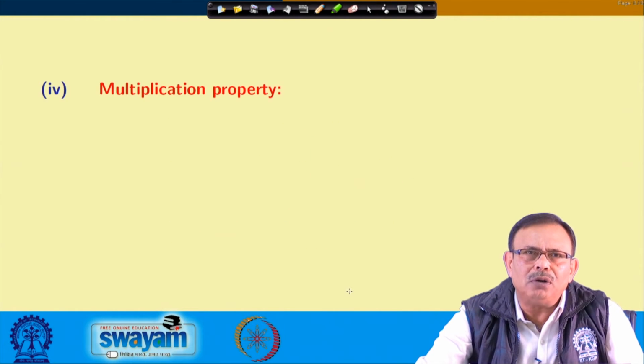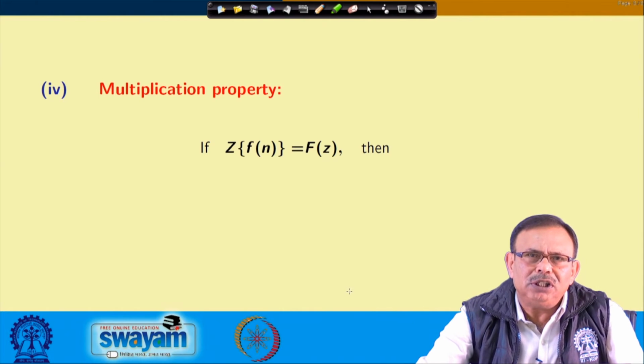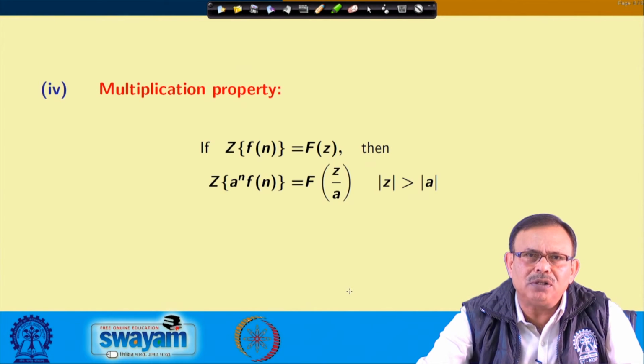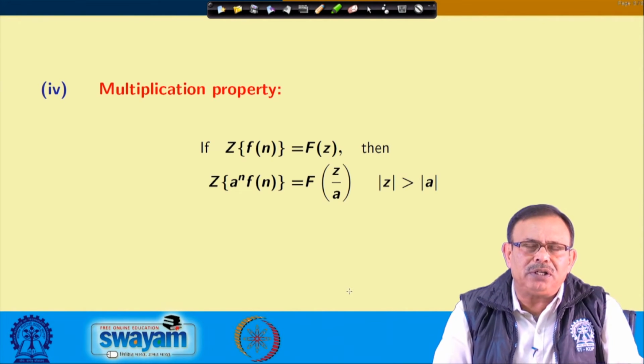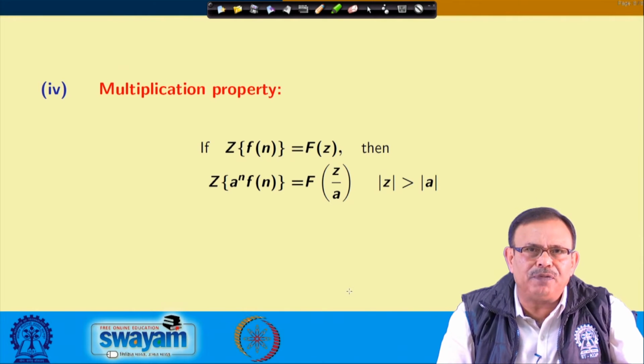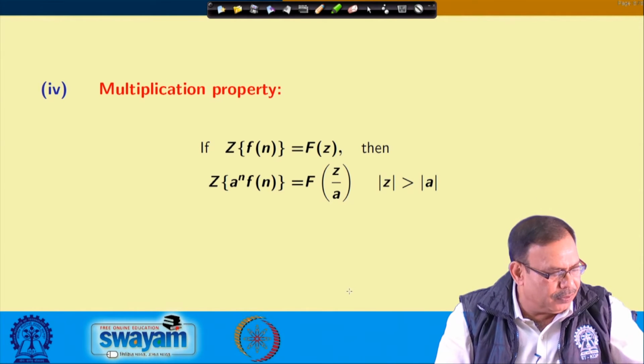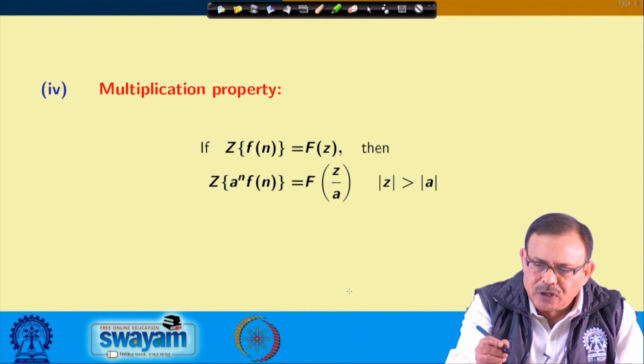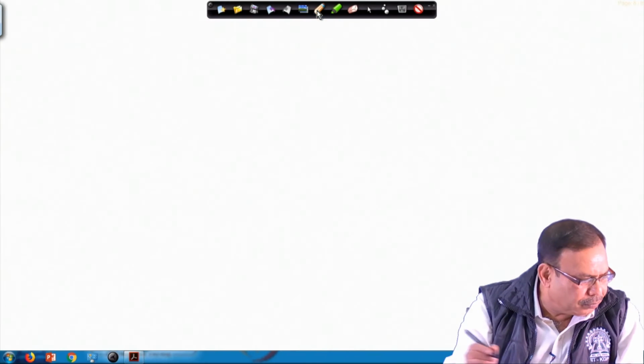Now, the multiplication property. If Z transform of f n equals F z, then Z transform of a to the power n f n equals F of z by a. Let us see the proof of this one.